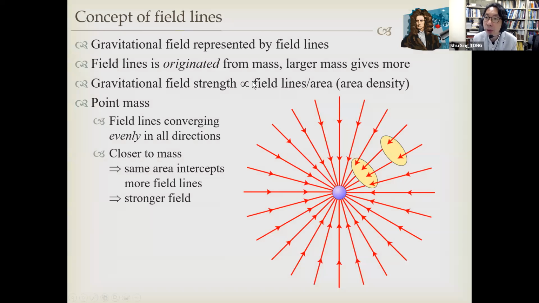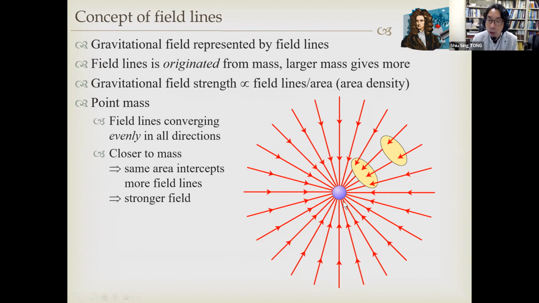I think you already learned the concept of field in your high school study. The gravitational field can be represented by field lines. So imagine now I have a point mass here, and the effect of the gravitational field on the surrounding space can be represented by field lines, and the field lines are all converging to that point mass.